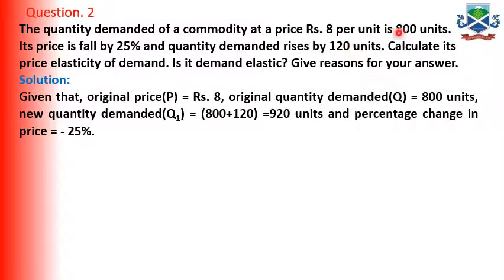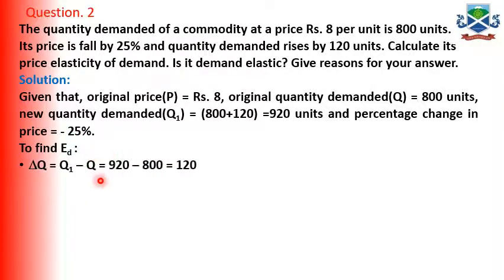Originally it was 800, now demand rises by 120 units, and because of that your new demand is 920 units. The percentage change in price is minus, as the price falls, meaning negative, price decrease or fall you have to put a negative sign, that is 25%. So based on this information you have to calculate the price elasticity of demand.